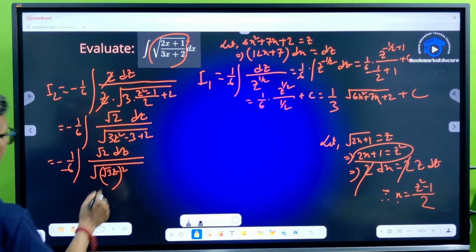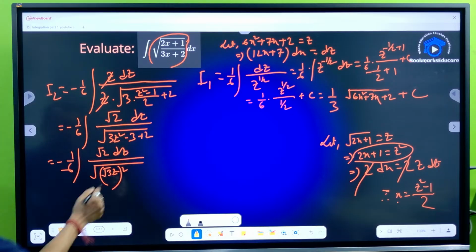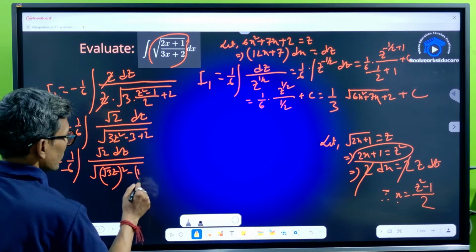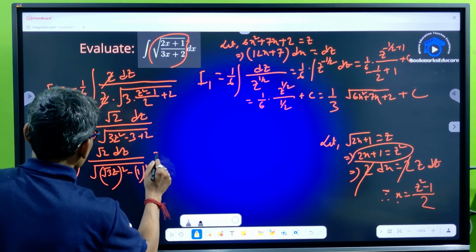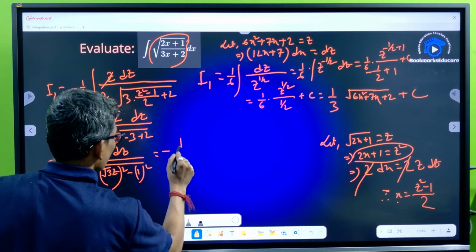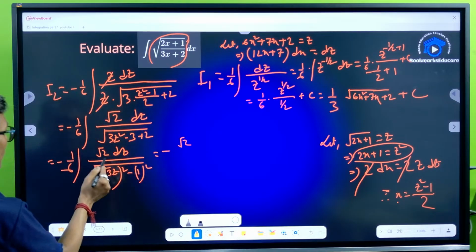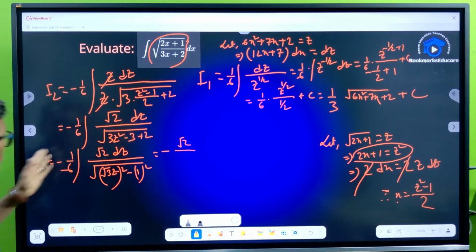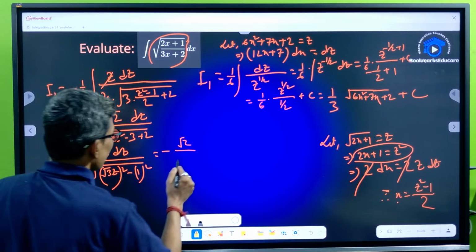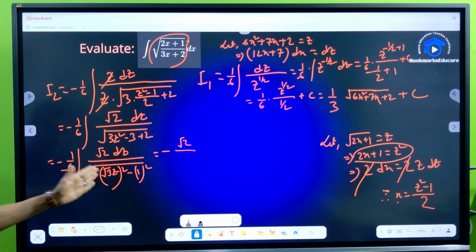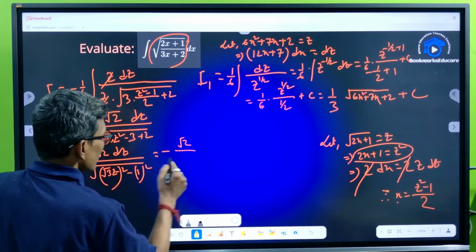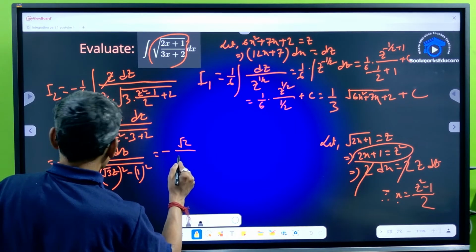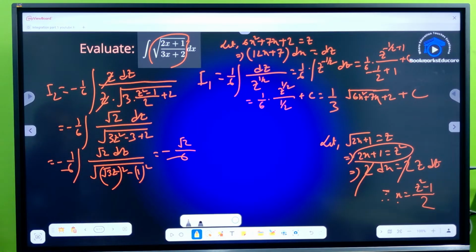This can be written in this form, minus 1 square. So 1 minus root 2 is constant, so it will be taken outside the integral, outside the integrand. By 6.